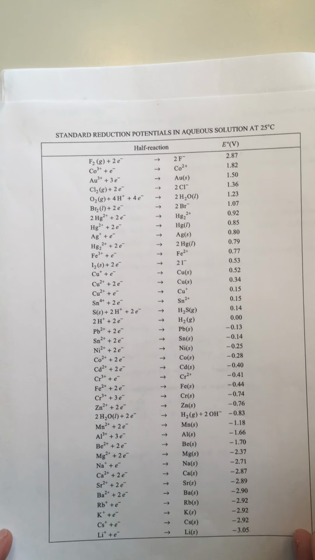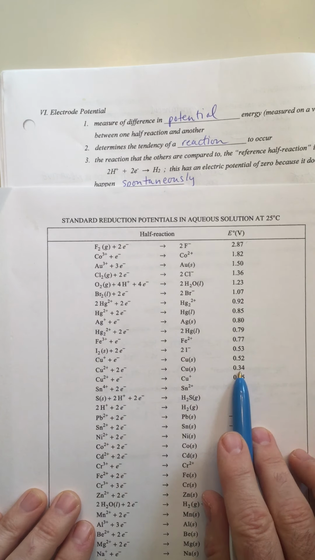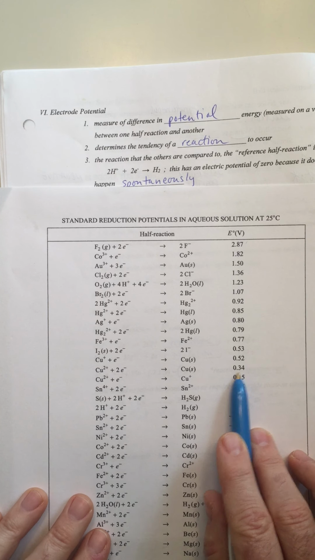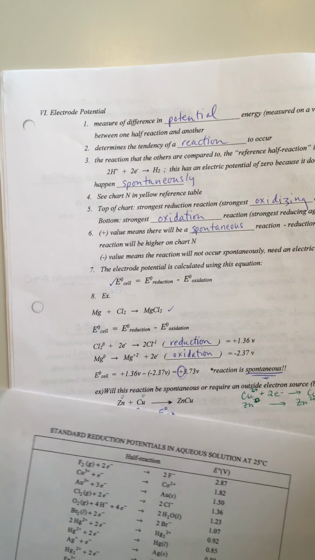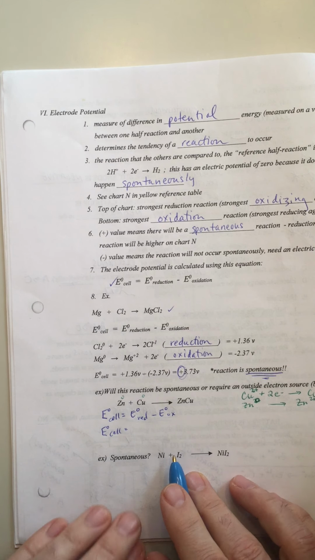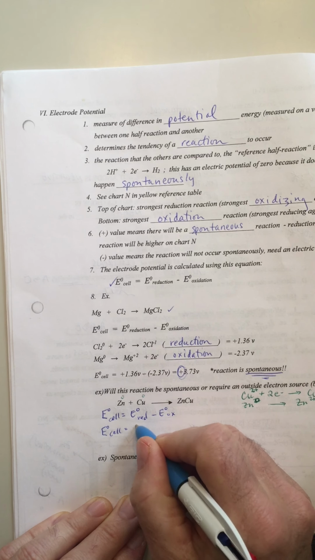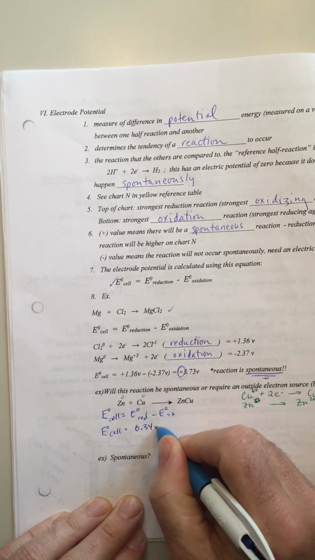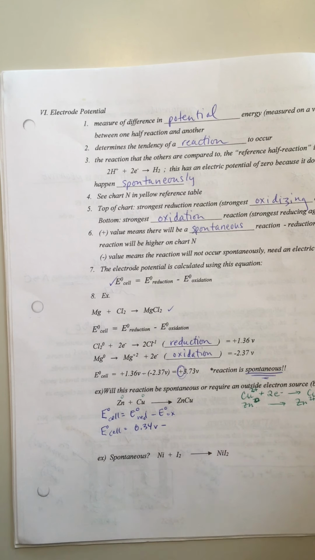So copper 2+ plus 2 electrons is 0.34 volts. I'm going to subtract what's getting oxidized, which is the zinc. Let's look up zinc.